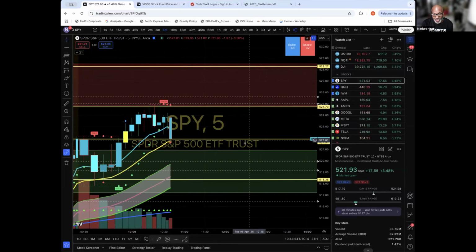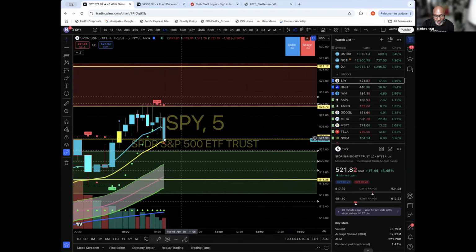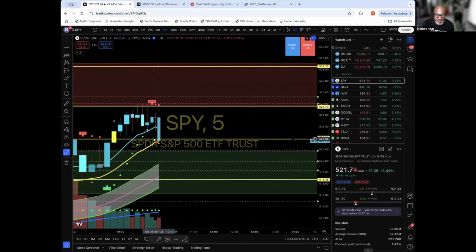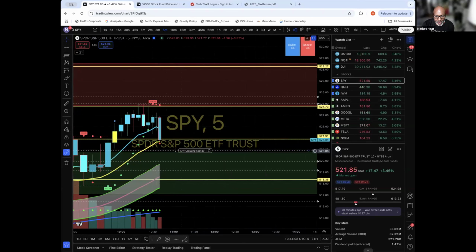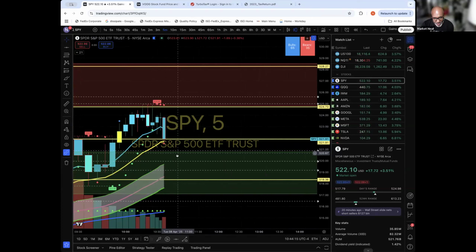Now, looking at where this support level is, I'm going to set another alert, because if it falls through what could be a potential consolidation, it is coming right here, 520.89. And if it breaks 520.89, guess where it's going? 519.96, right?